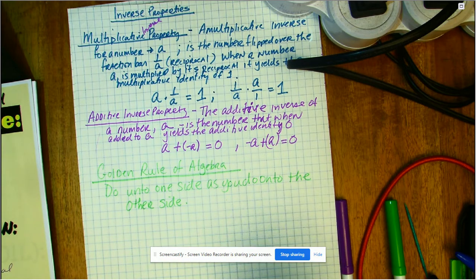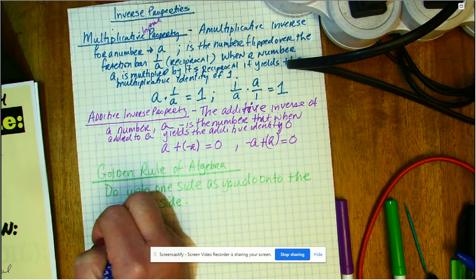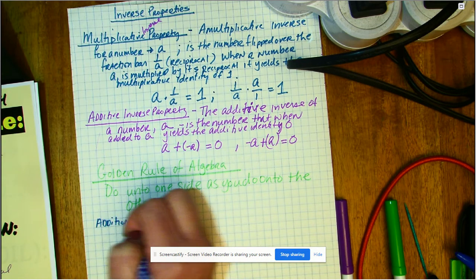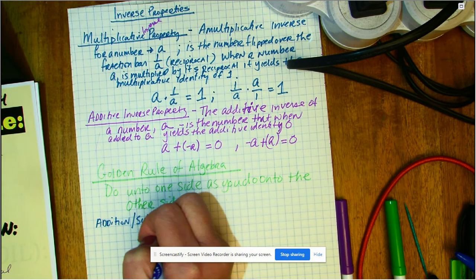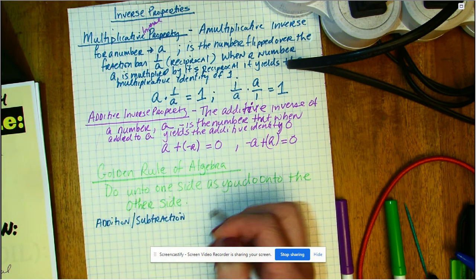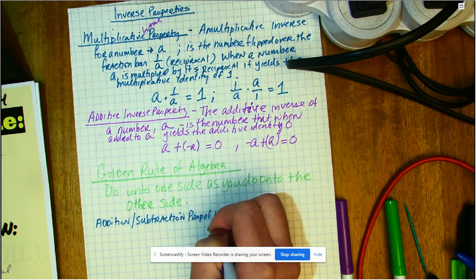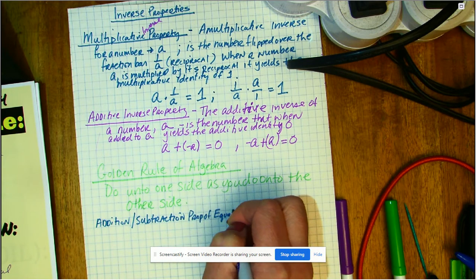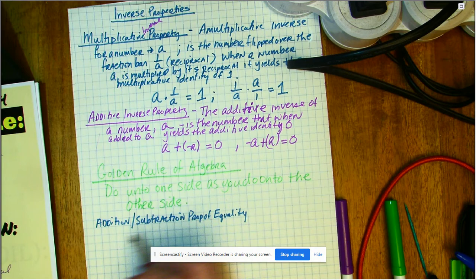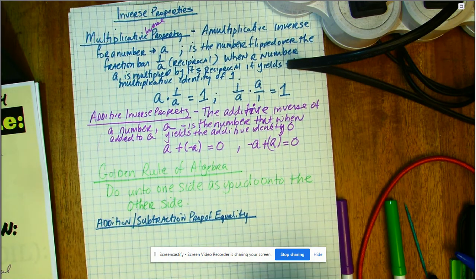How do we do that? Well, we have the addition property of equality. There's also the subtraction property of equality. But again, our focus is going to be on the addition property because we're going to start looking at everything through the lens of addition.